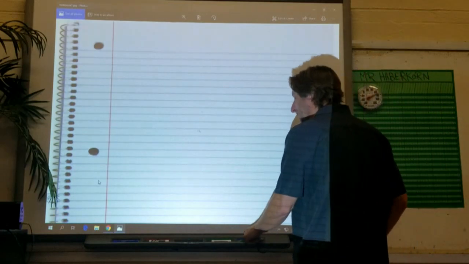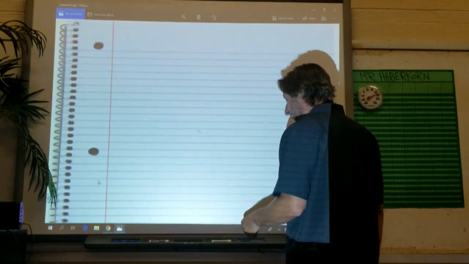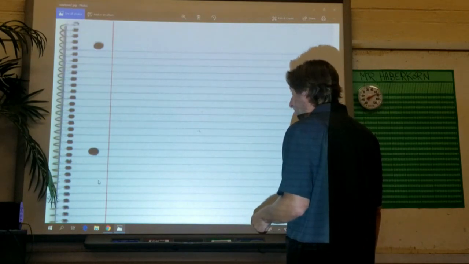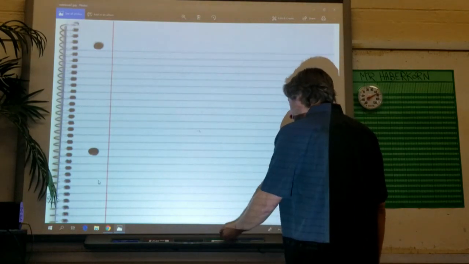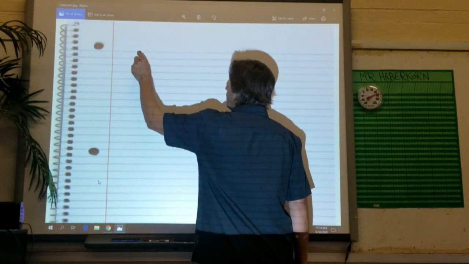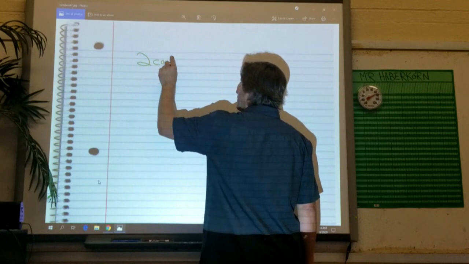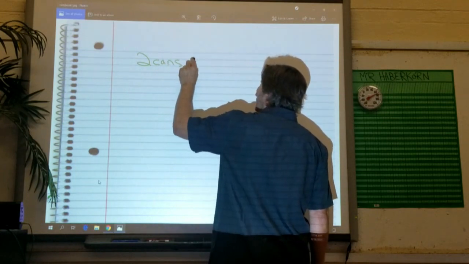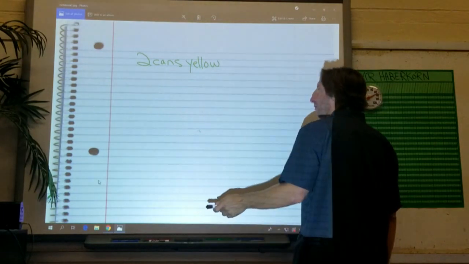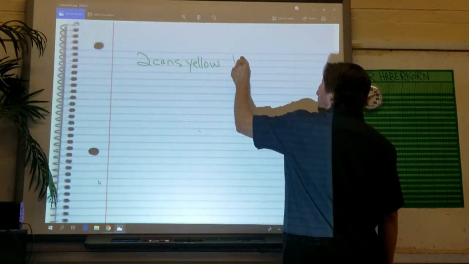We're going to say in order to make green paint, you have to mix 2 cans of yellow with 1 can of blue.